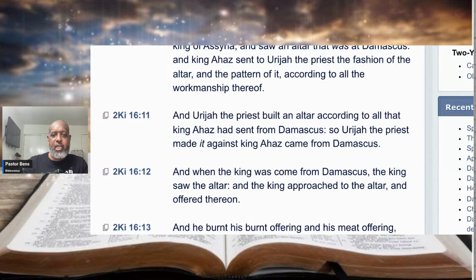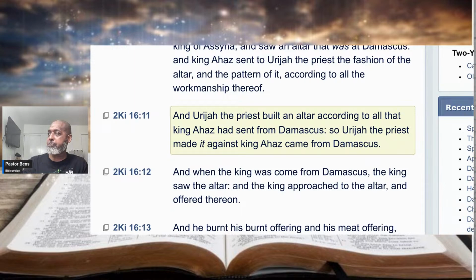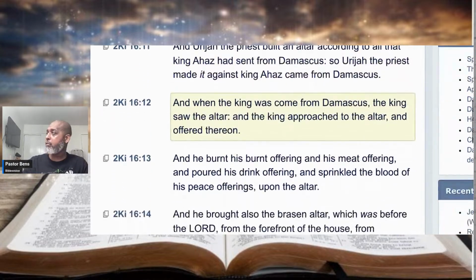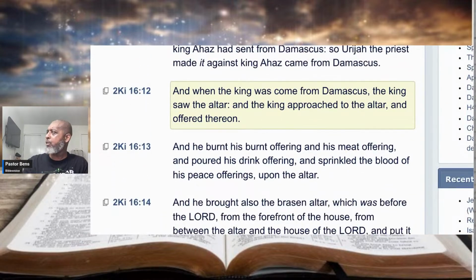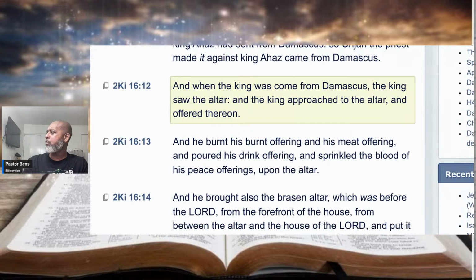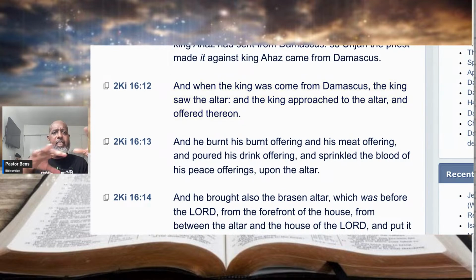And when the king was come from Damascus, the king saw the altar, and the king approached the altar and offered thereon. This is the king of Judah, y'all. And he burnt his burnt offering and his meat offering, and poured his drink offering, and sprinkled the blood of his peace offering upon the altar. Look at that. It sounds good, right?